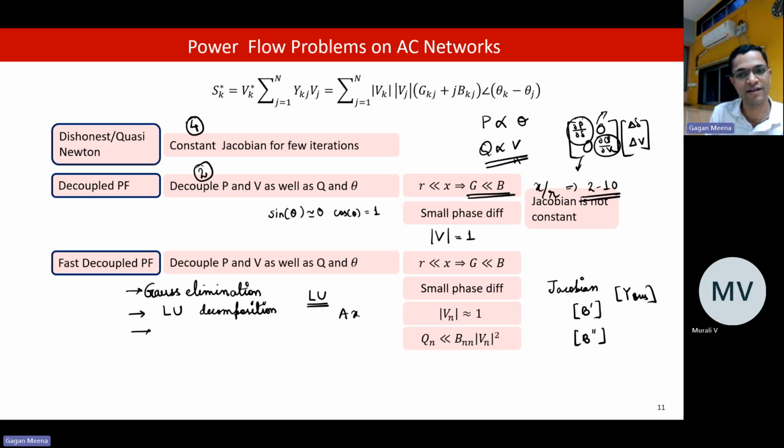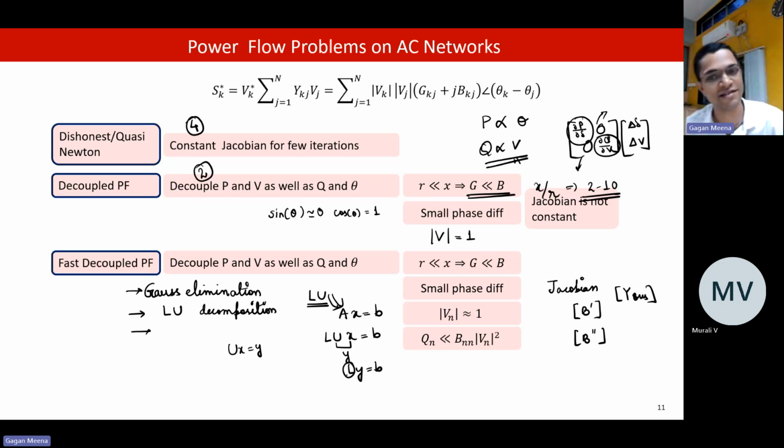Let's say I want to write AX equals B, and I want to calculate X. Then I have made these LU factors. LUX equals B. UX I can write as Y. So UX equals Y, and LY equals B. This is a lower triangular matrix.